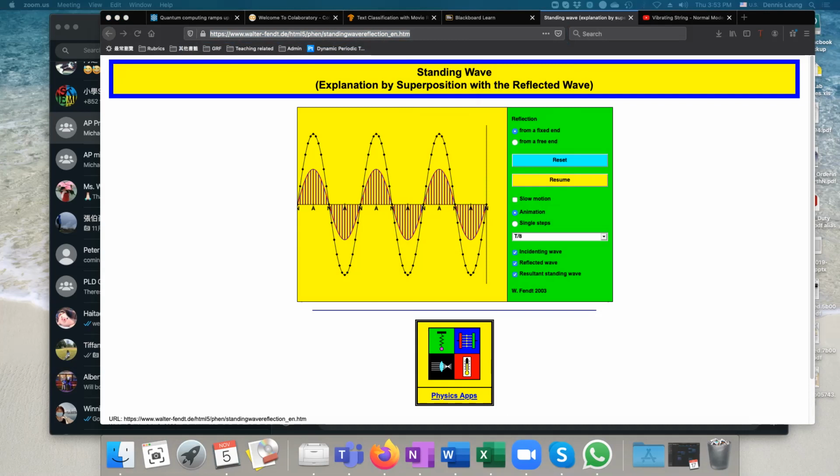Now let's come back to the lecture slide. So this is the standing wave pattern.